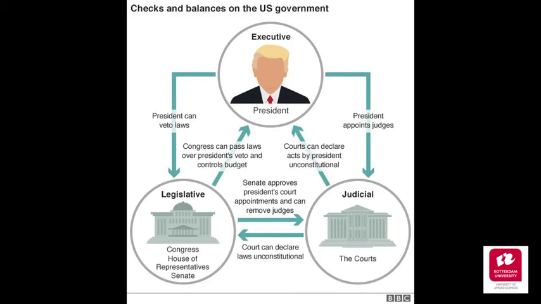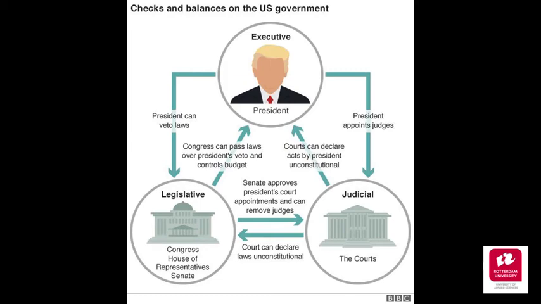But the president also has control over the courts, because when a person dies, like Ruth Bader Ginsburg just did, or retires, then it's the president who gets to appoint a new justice, and it's the Senate that actually decides whether this person can or cannot join the court. And it's the same thing: the president can also check the legislative branch.